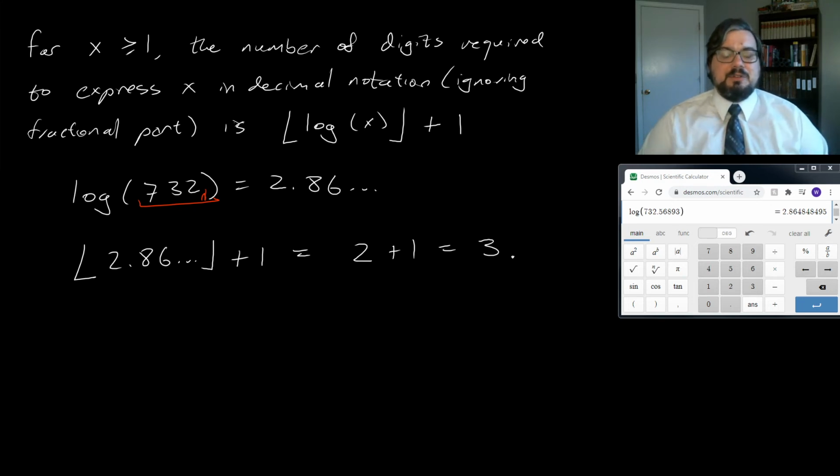So you can use the common logarithm to tell the number of digits required to express that number in decimal notation. If you use other logarithms, then you get the same information for expressing that number in those bases.